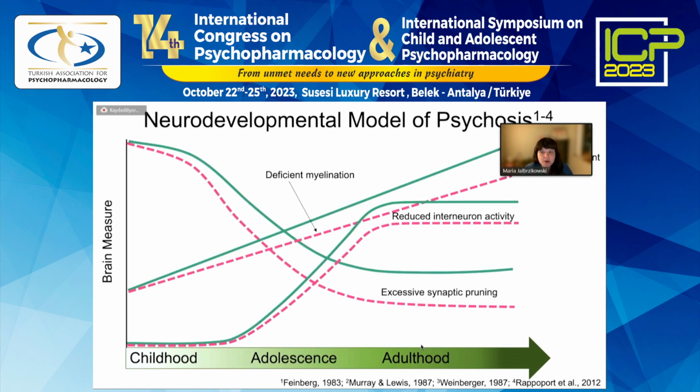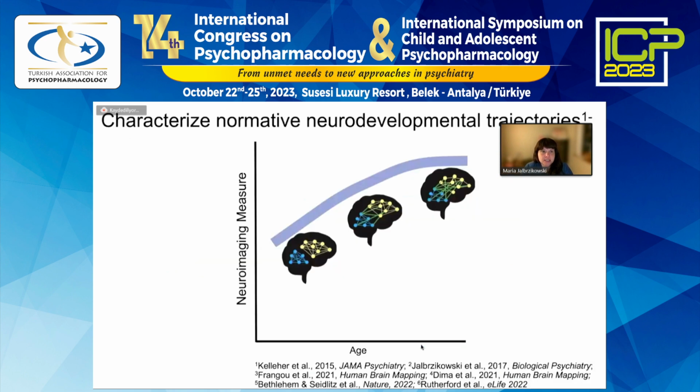We can't directly assess these processes in humans, but neuroimaging is the closest in vivo measure of brain structure and functioning. So what myself and others have been doing is harmonizing neuroimaging data across a wide age range and characterizing normative development to really serve as a foundation for understanding atypical development.